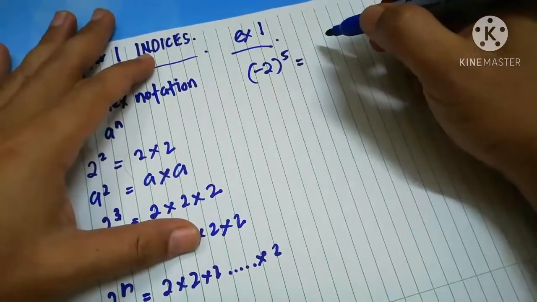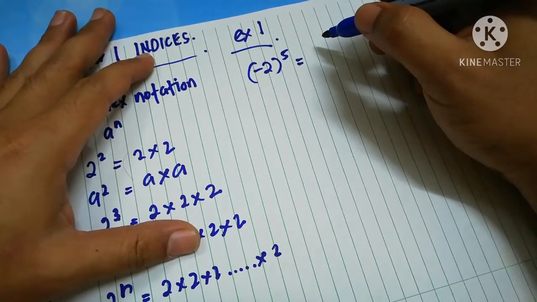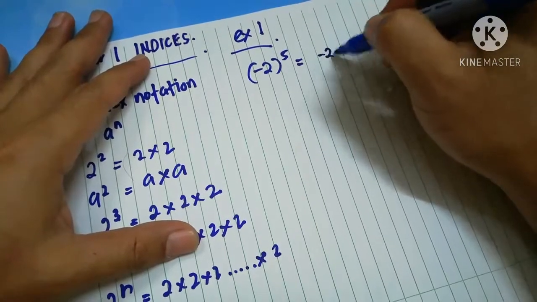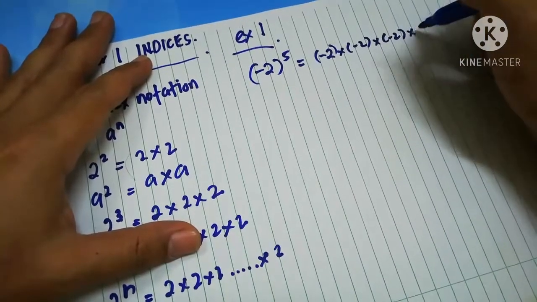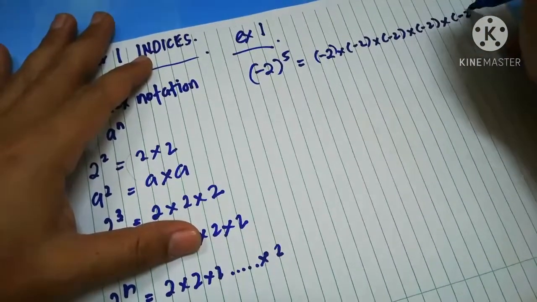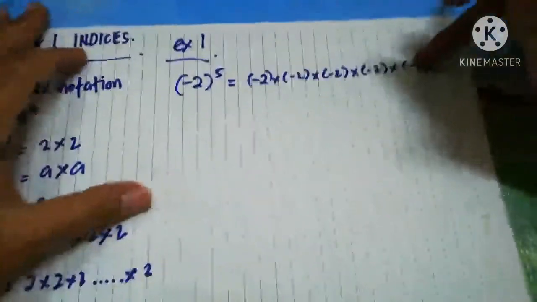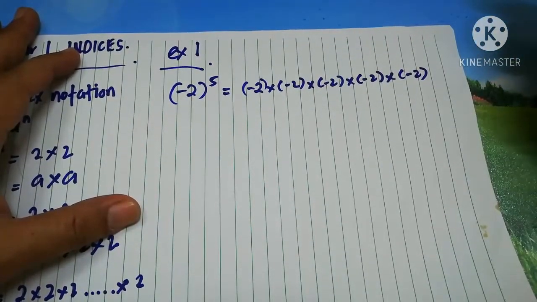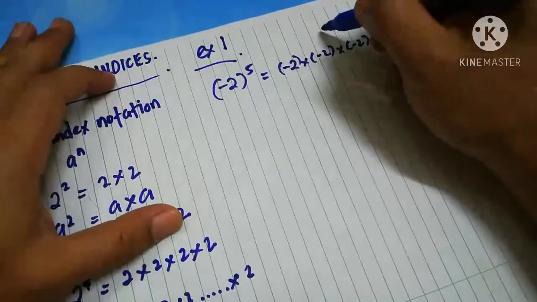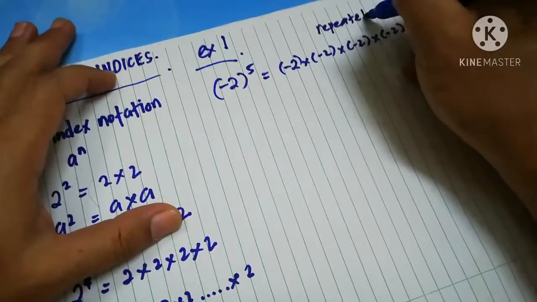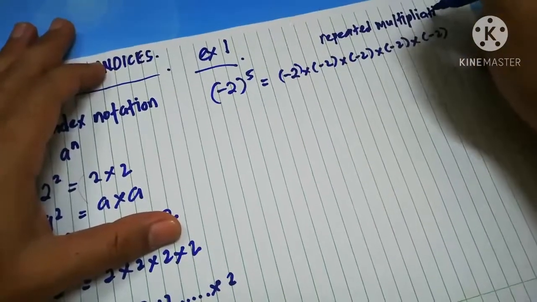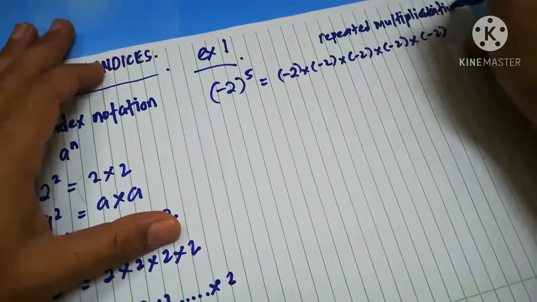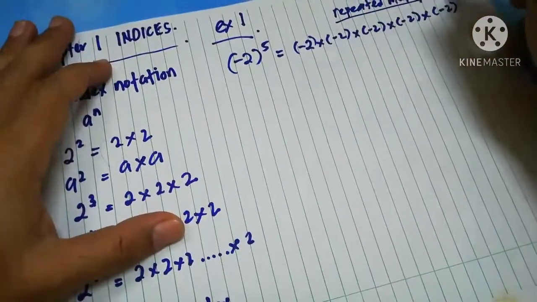So repeated multiplication: negative 2 times negative 2 times negative 2 times negative 2 times negative 2. 1, 2, 3, 4, 5. So this one we call as repeated multiplication.